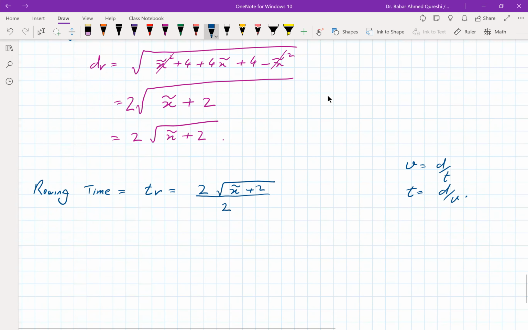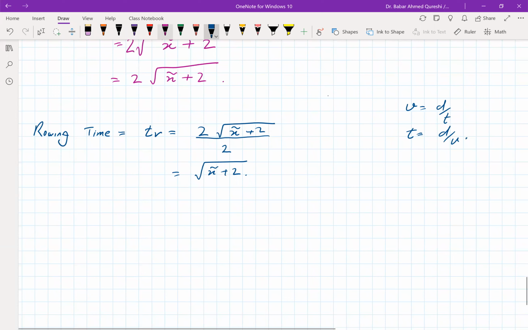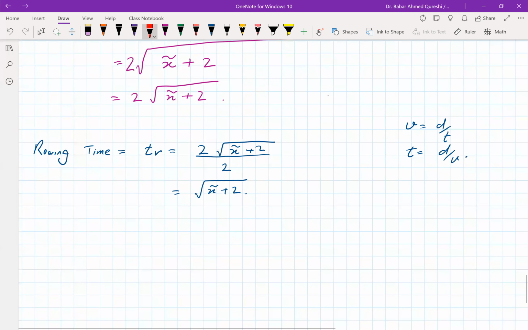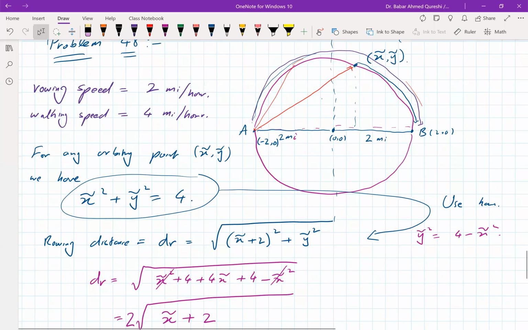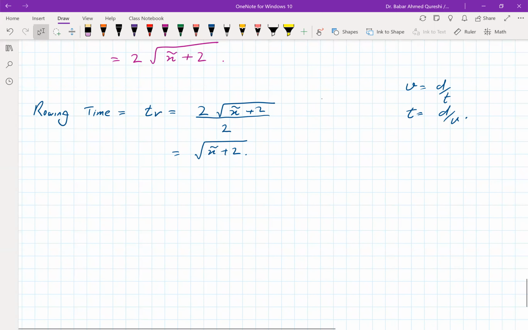So this is just simply square root of x tilde plus 2. Now, what about her walking? Please do keep track, because in my notes I have just jumbled up everything. Trigonometry, yeah, you can do it, but it would be quite hard. If you have better ideas, I didn't have any other idea. Probably there is some simple trigonometric idea.